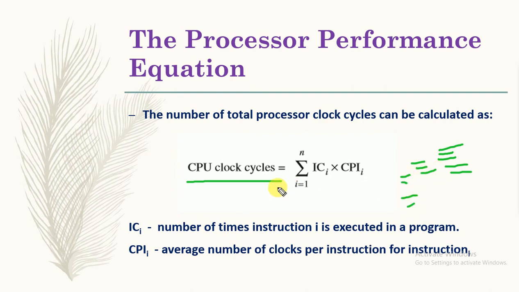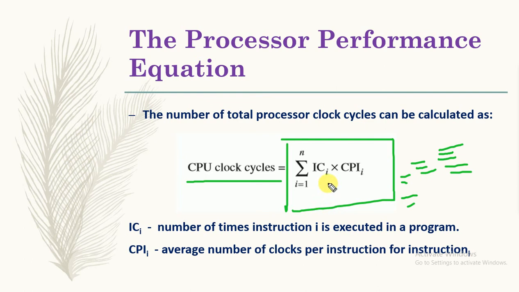So the total CPU clock cycles can be evaluated using this formula by taking the summation of instruction count into cycles per instruction for each instruction. That is why we have i from 1 to n. So for n instructions, the first instruction its count, the second instruction its count, so that many times it will be multiplied for each case.